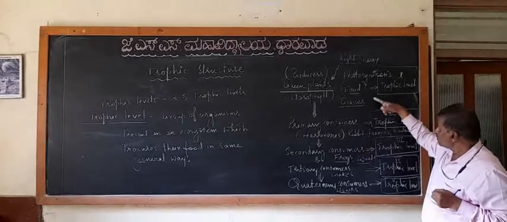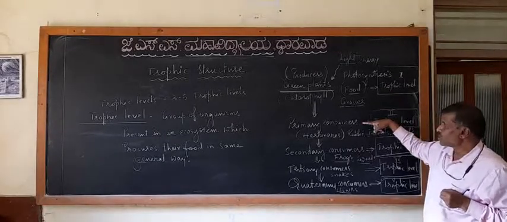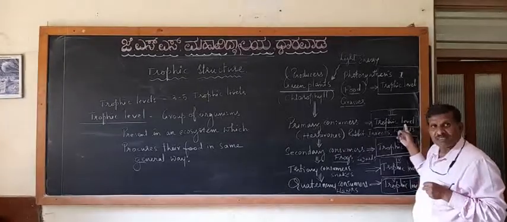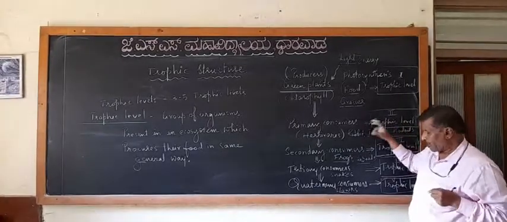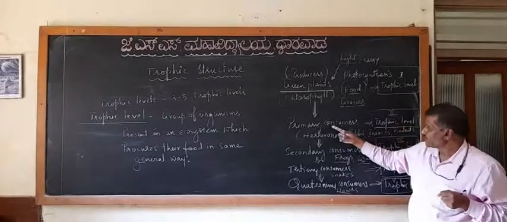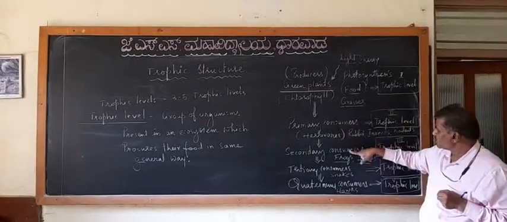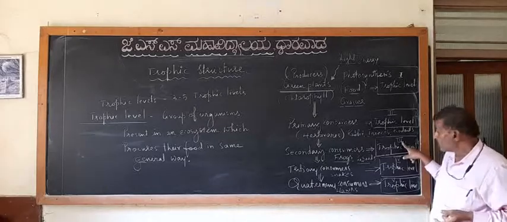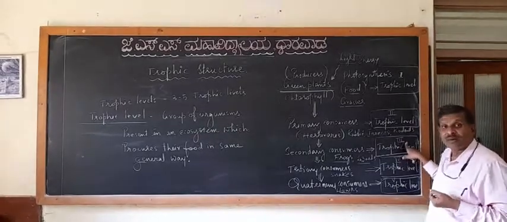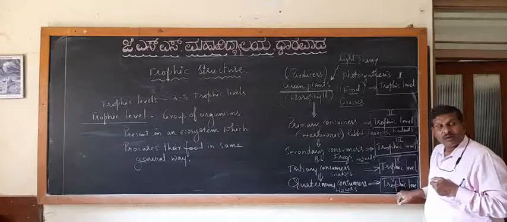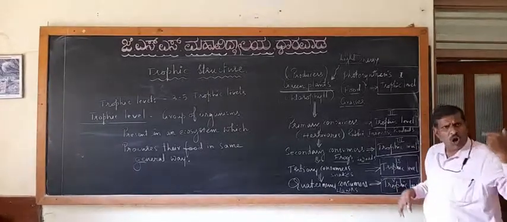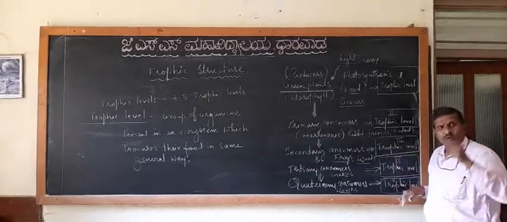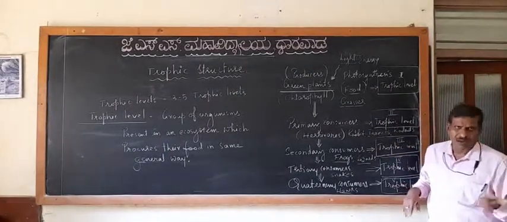From these organisms, food is transferred to primary consumers, which are treated as second trophic level organisms. Then from second trophic level organisms, food is transferred to the next level, which we consider third trophic level organisms, and so on. Based on the order of passage of the food, we divide them into different trophic levels.